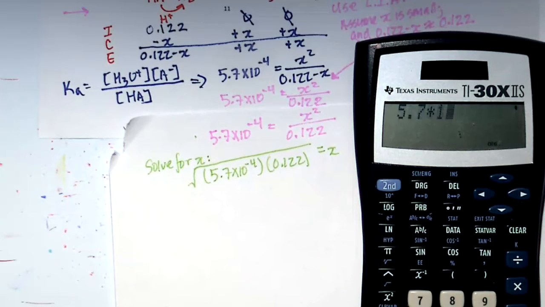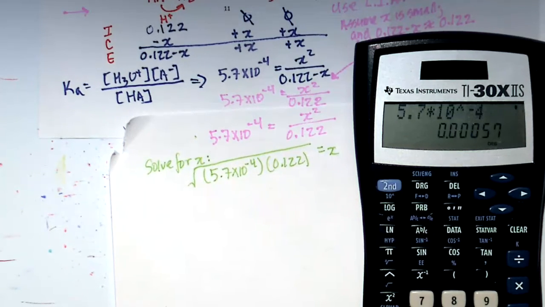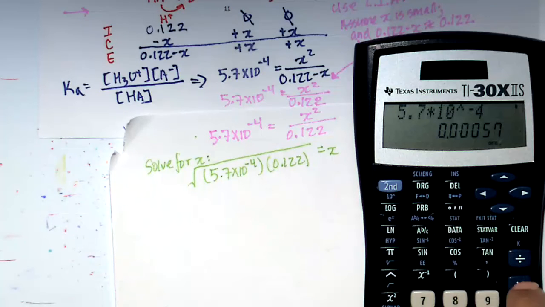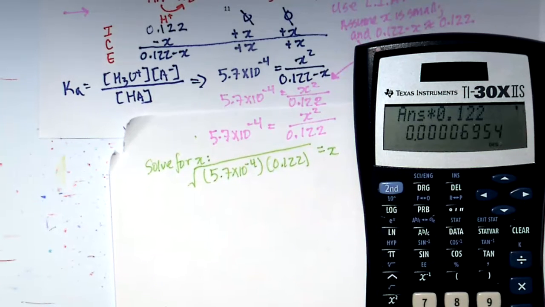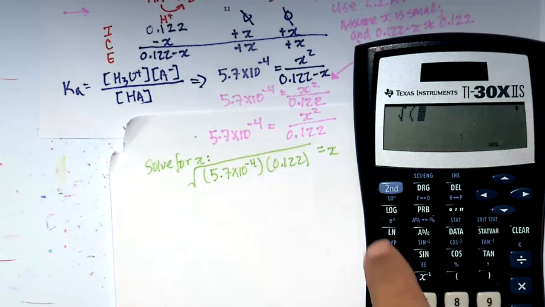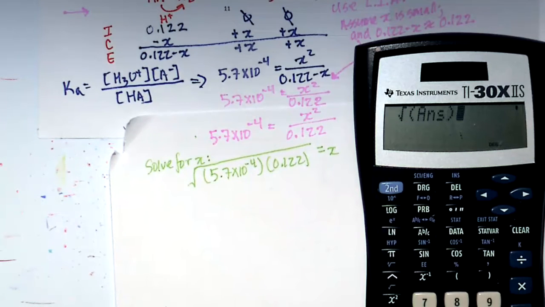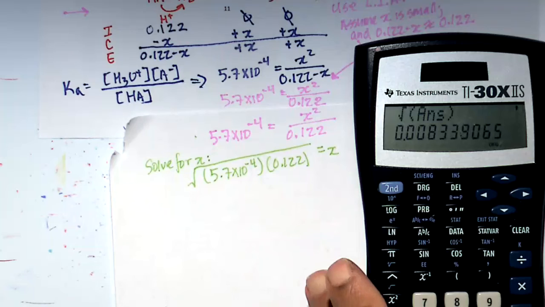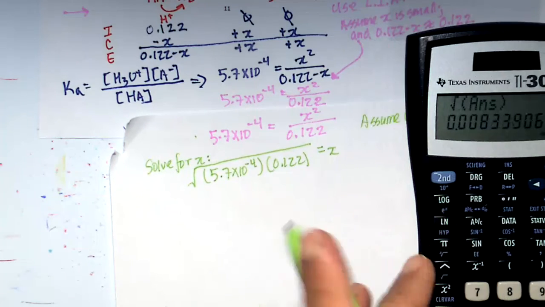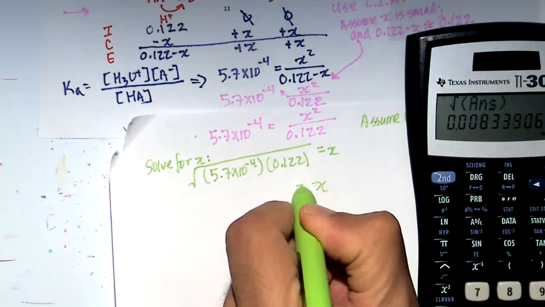Square rooting this, getting 0.00834 big M. Here it gets units of big M.